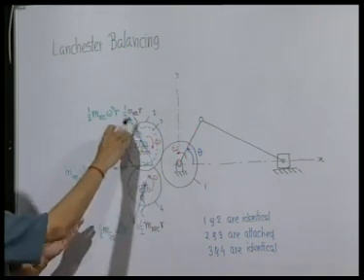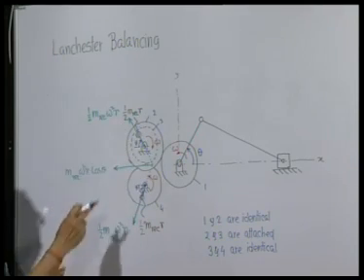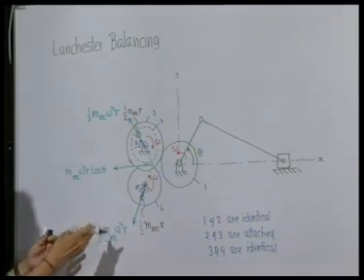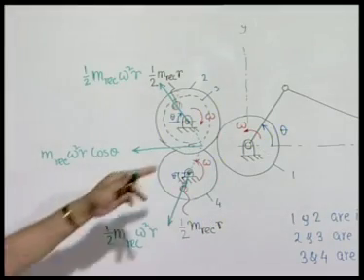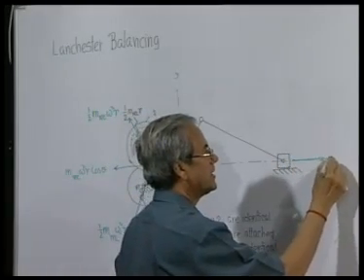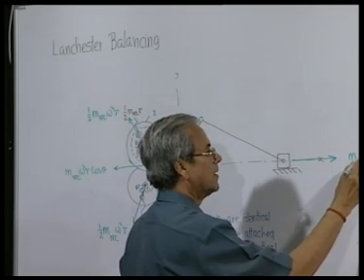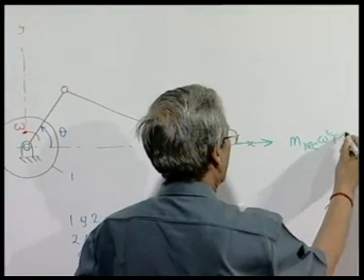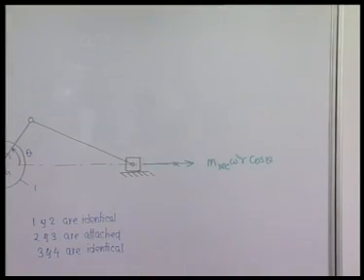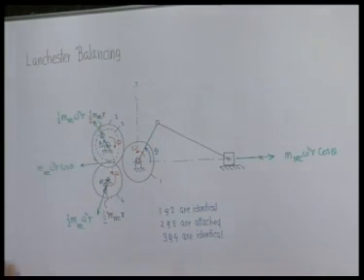The x component of this is in this direction, cosine theta, half m reciprocating omega square r. The component of this along x direction is again half m reciprocating omega square r cosine theta combined, that is the force produced at this instant. So this unbalanced inertia force generated by the slider and the resultant of the unbalanced centrifugal force produced by these Lanchester balancing masses placed here will neutralize the effects of each other.